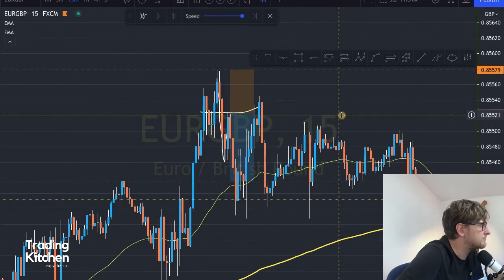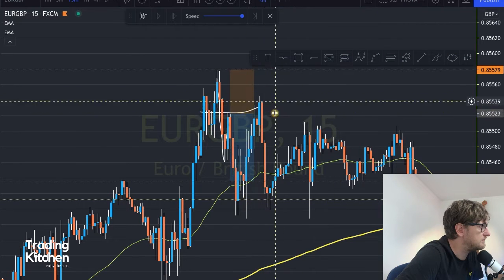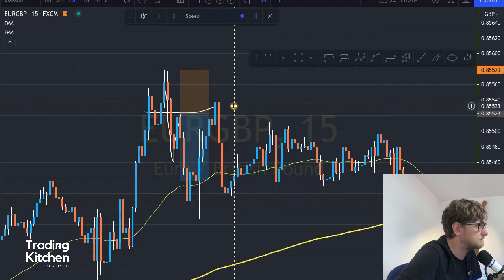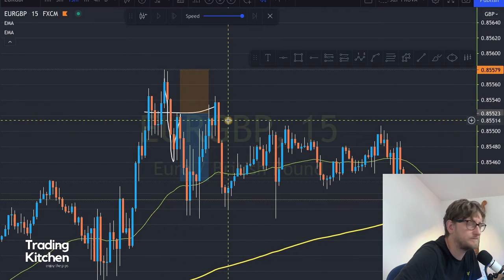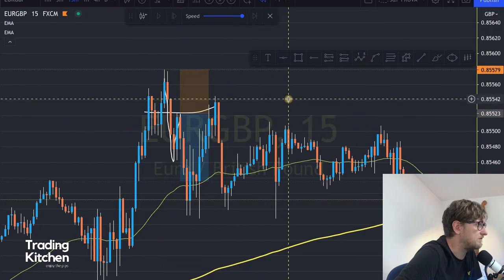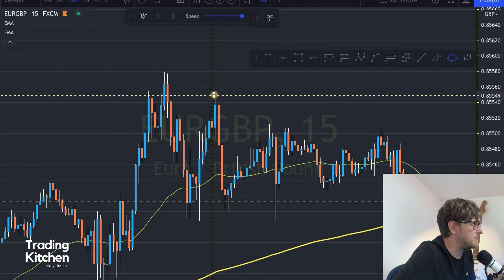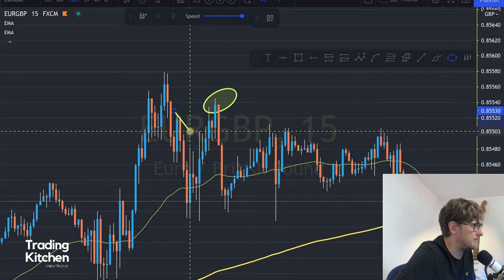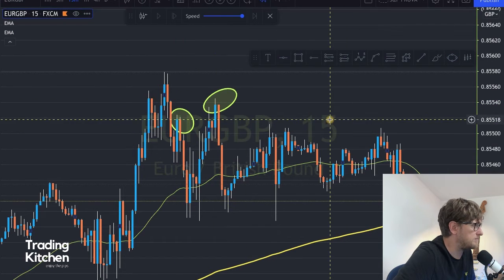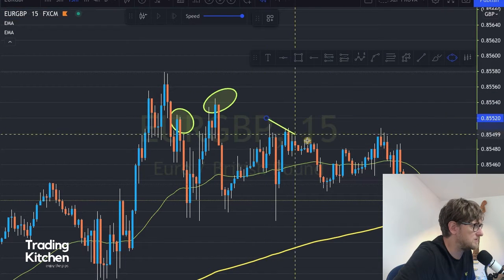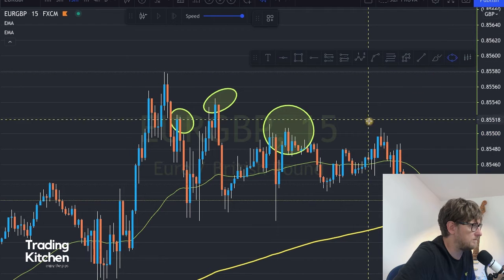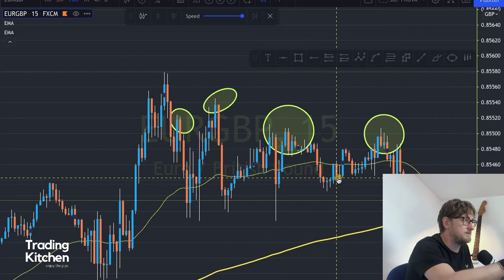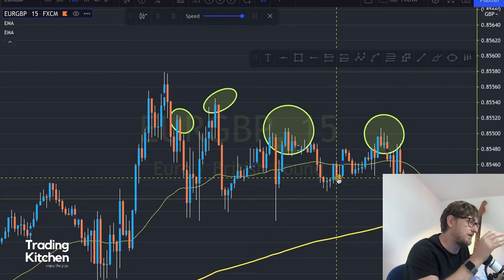Probably I entered here, I don't remember exactly now, but one of these two levels. But as you can see here, you have lots of entry points.